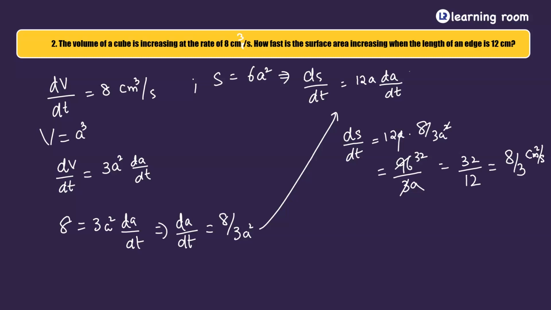V is equal to a cube. dV by dt is 3a square into dA by dt. A was 10. 100 into 3, 900. A square, when a is equal to 10, is that.